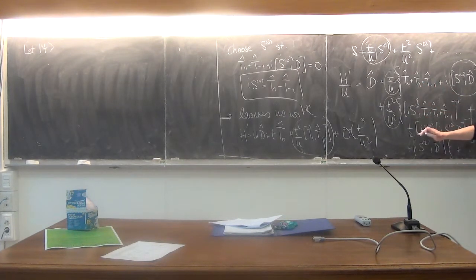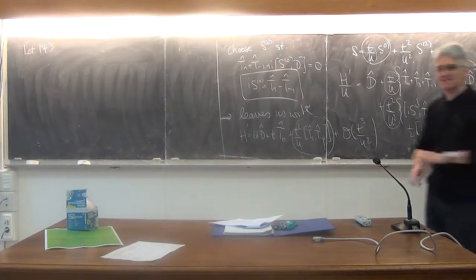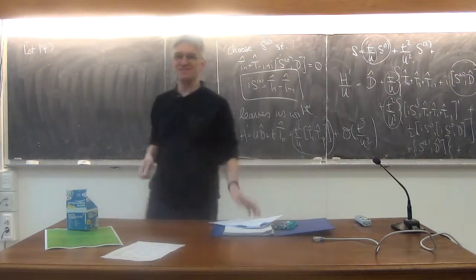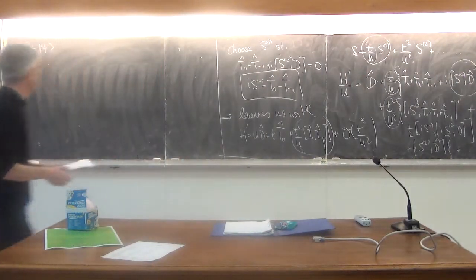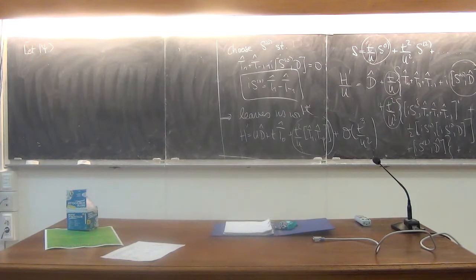Here there are some terms which you don't like because they're off diagonal, and you choose S1 in precisely such a way that you kill the terms that you don't want. It gives you another equation which fixes S1. I have just written what remains. The calculation of S1 is a little bit messier, so I didn't want to go there.